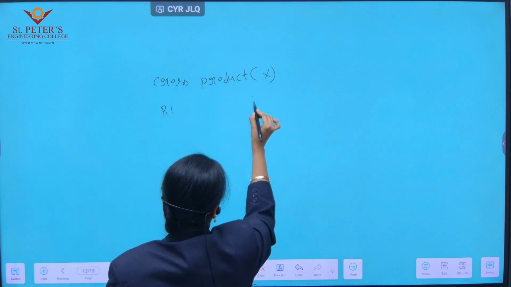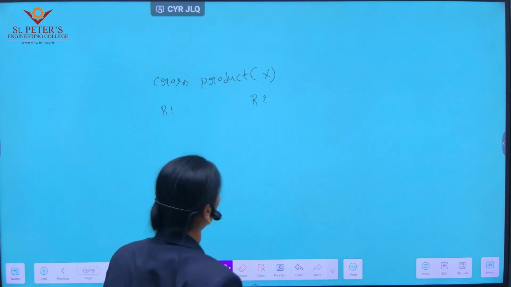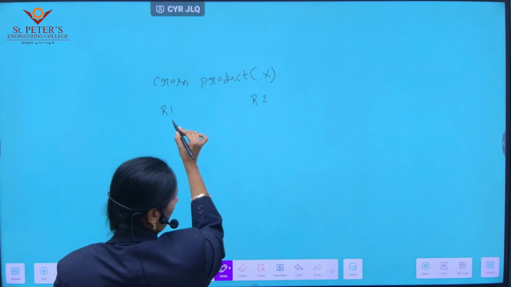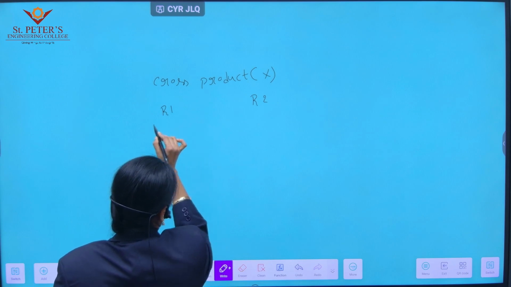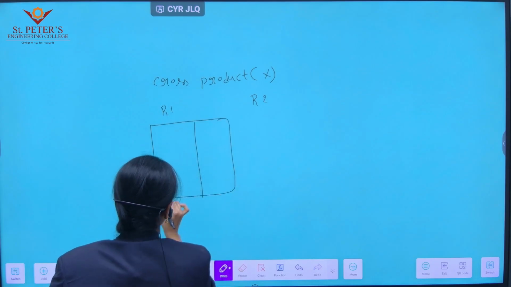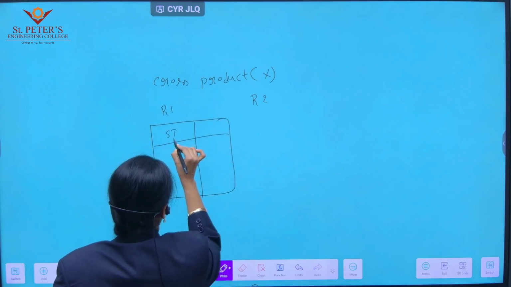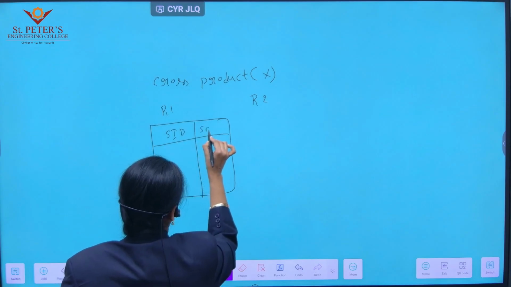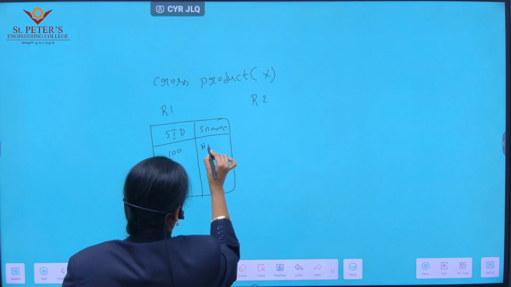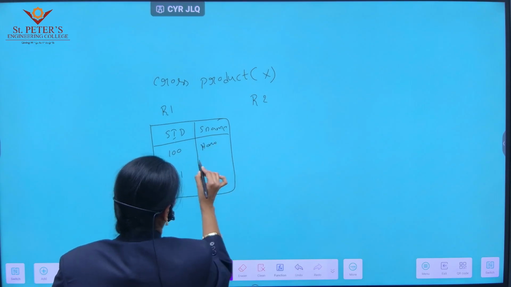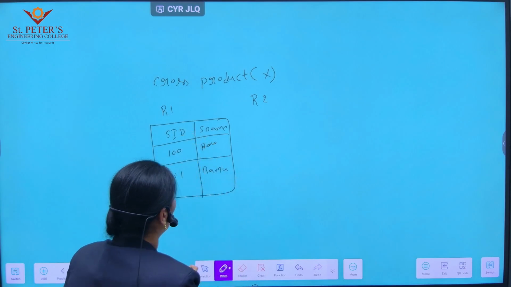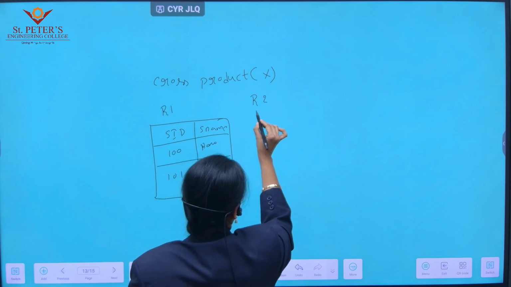Relation R1 has two attributes, student ID and student name, with rows 100, Hari and 101, Ramu. Let us take two relations, R1 and R2.